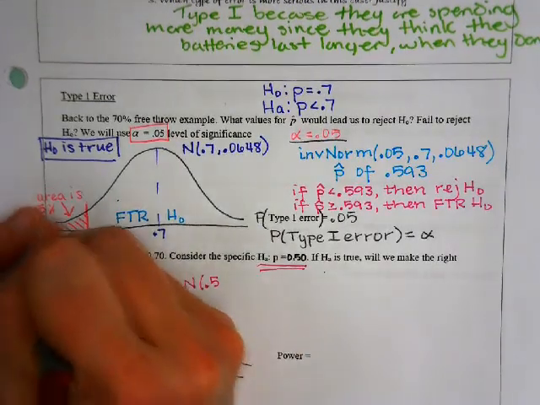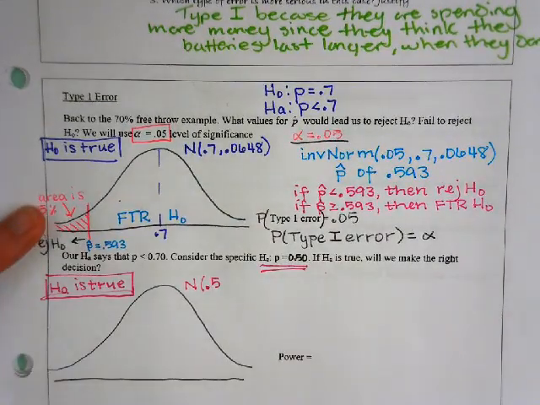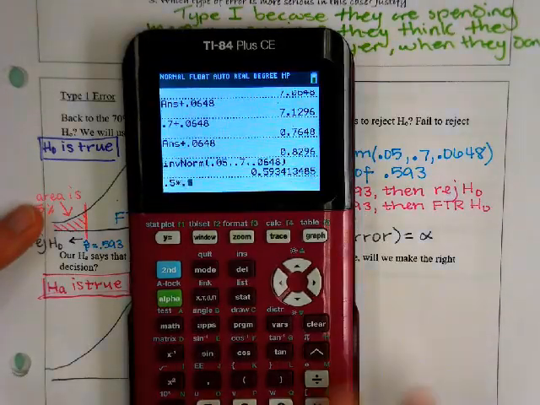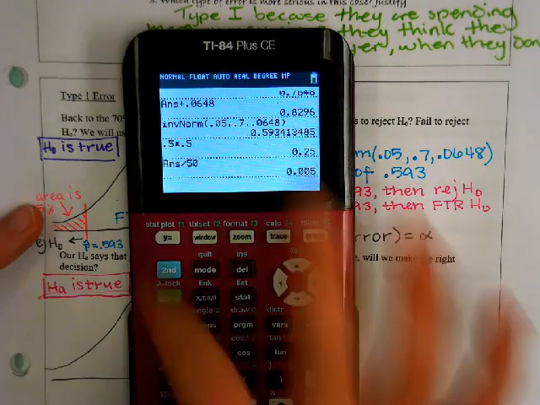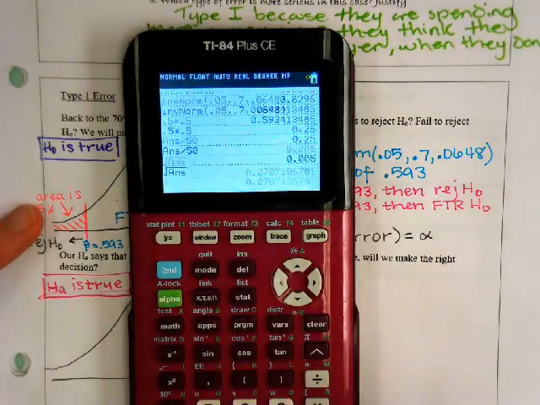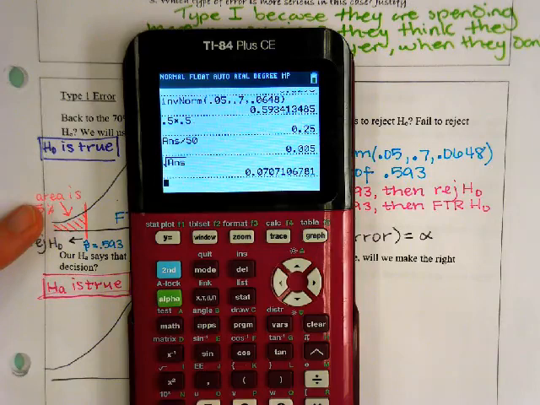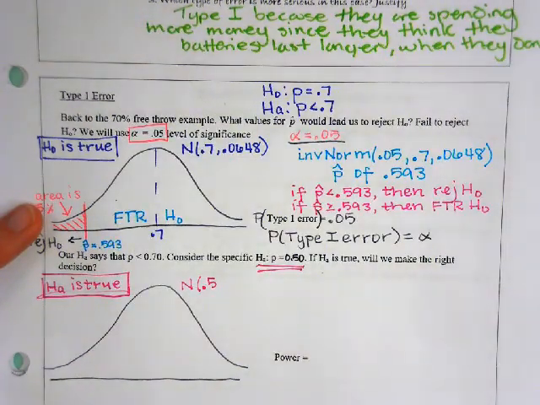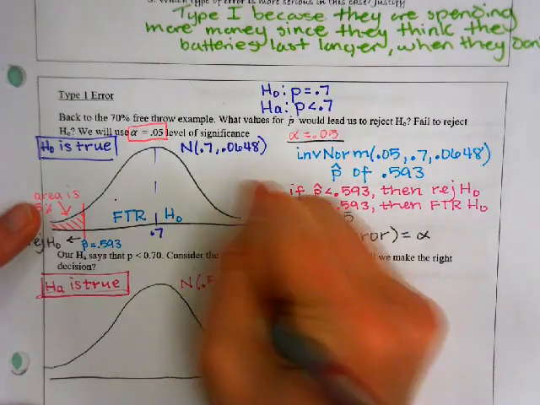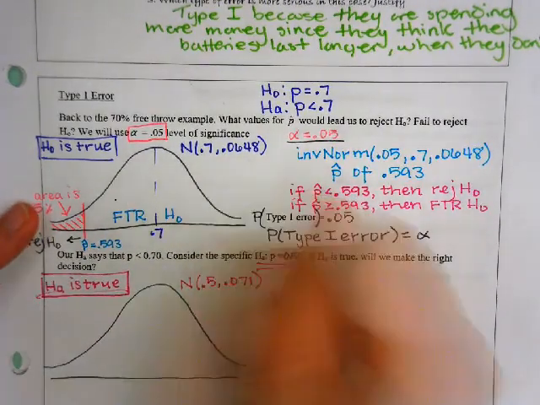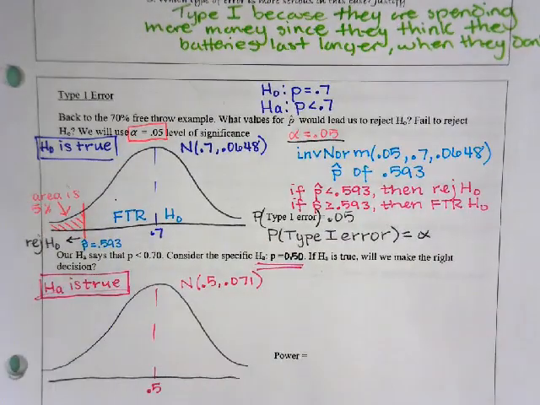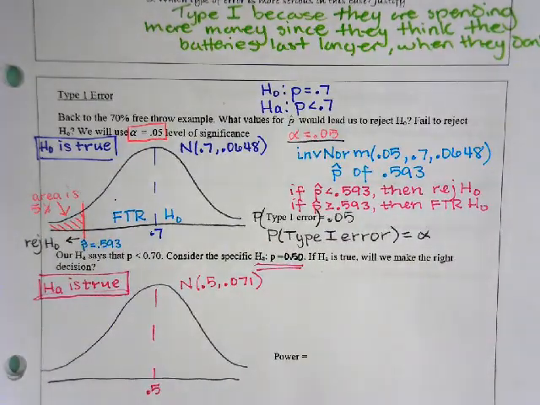So this time we have 0.071 if I round for our standard deviation. 0.5 is at the middle. Everybody good so far?